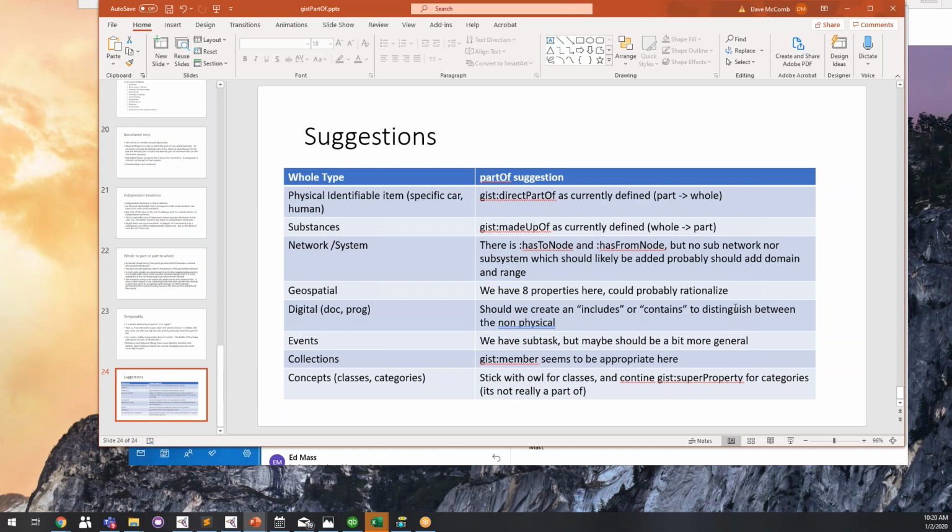Some of these are going to be thoughts for maybe next session or to take forward. I also noted on events, the only thing we actually have is a subtask for, but tasks are not the whole of events. We've kind of subsetted it there, and maybe that wasn't quite right.